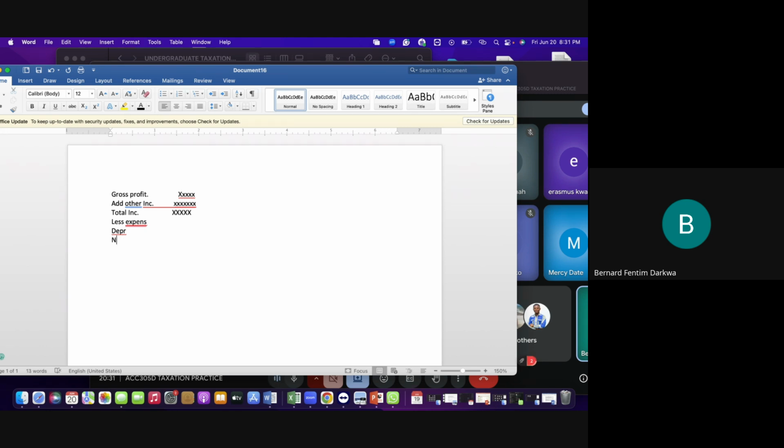Let's assume that our net profit, after taking all the expenses which include depreciation, is, let's say, 10,000. That's our net profit.